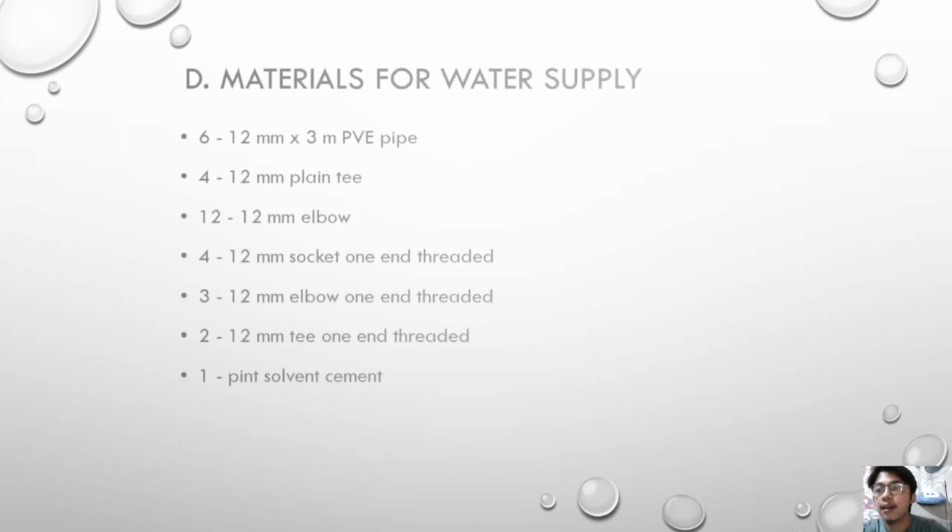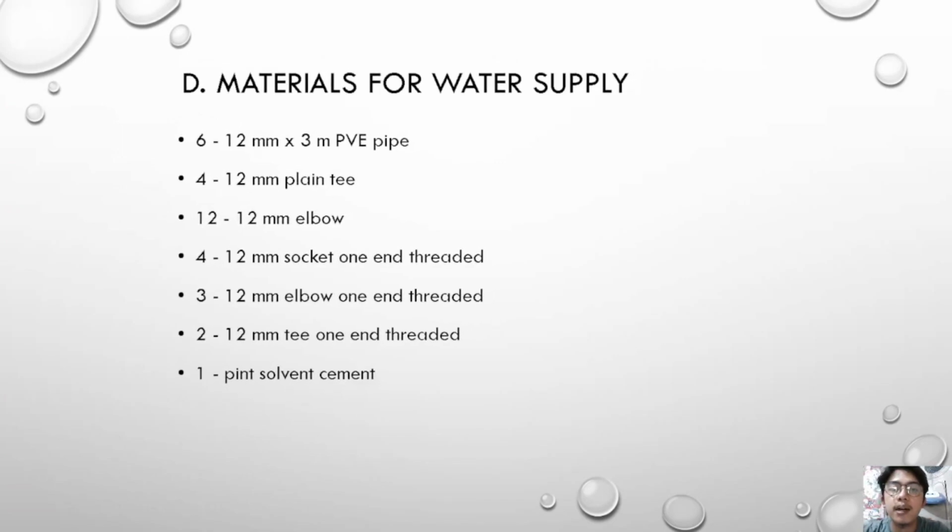Next is materials for water supply. So the materials listed below are used for setting up a water supply system. The primary component is the PVE or polyvinyl ethylene pipe, which is 12mm in diameter and 3 meters long.